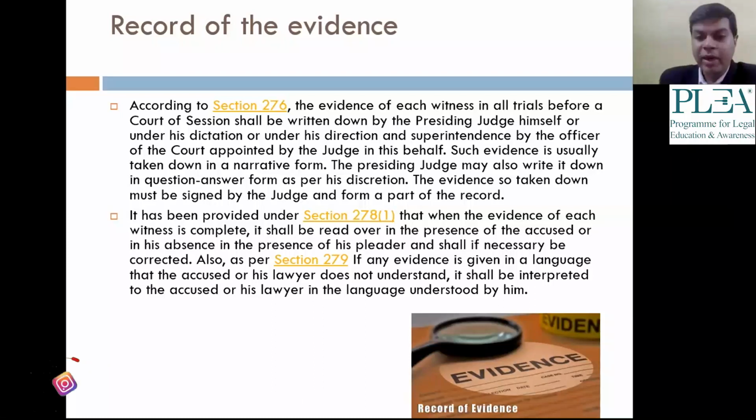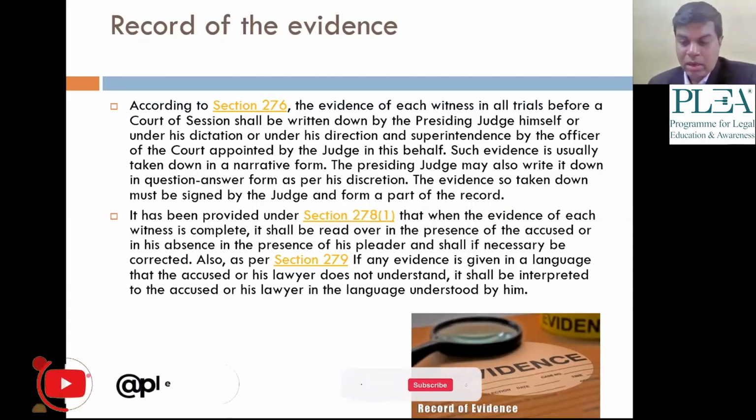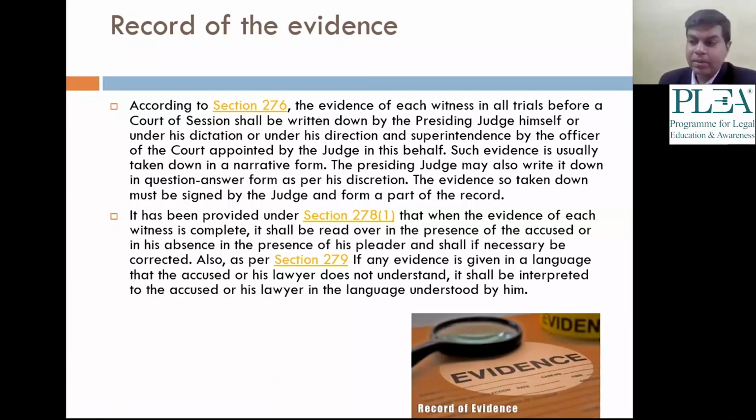So normally what happens, say for example, the accused is not able to understand the English language or any other language. The advocate or the judge will try to ask the question in the language which the accused is familiar with.